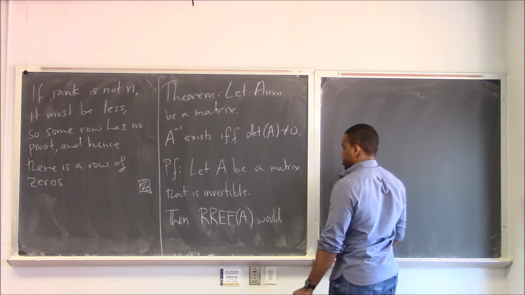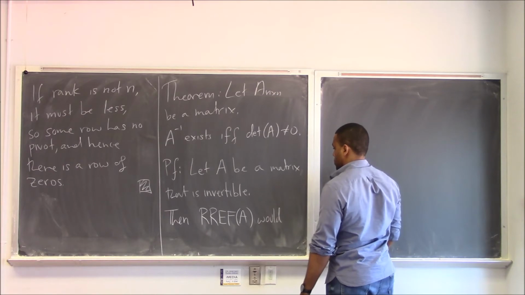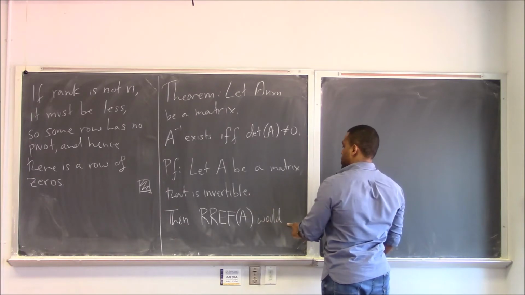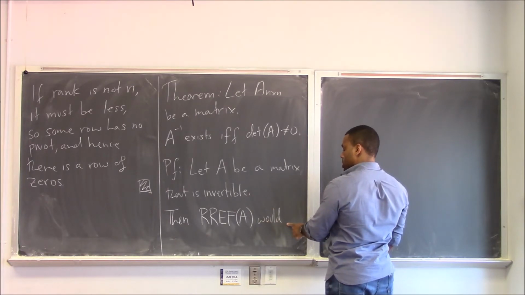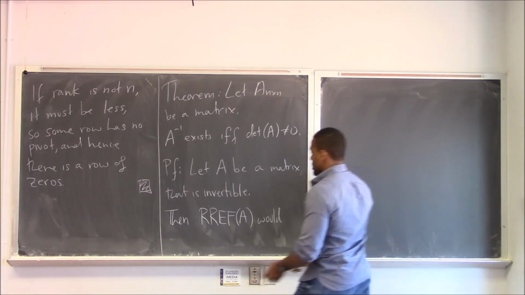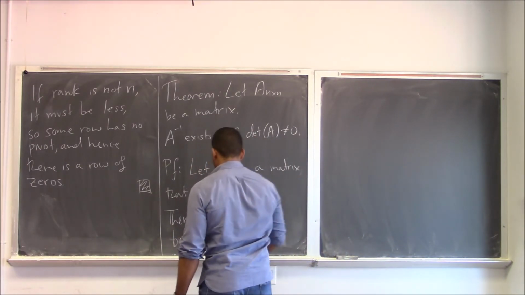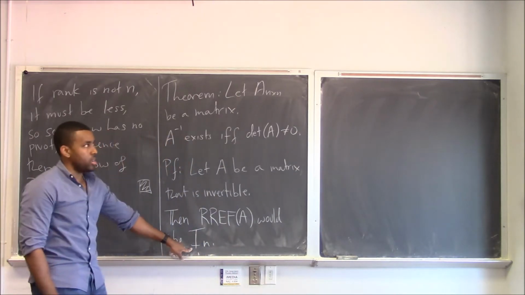Wait, can you say that you multiply it, right, and then you get back the identity? I want to say if it's invertible, then its reduced row echelon form must be the identity. Yeah, and then after, can't you just do the cofactor expansion to find out the determinant? No, but this statement has to be justified. To say it would be IN, how do we know it would have to be IN?